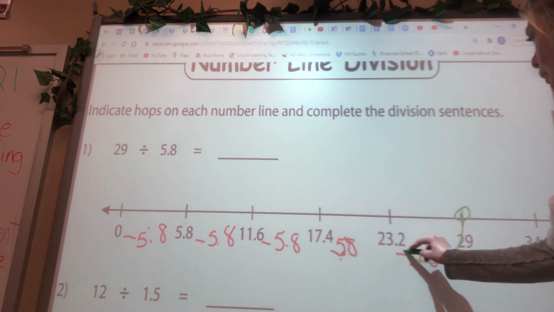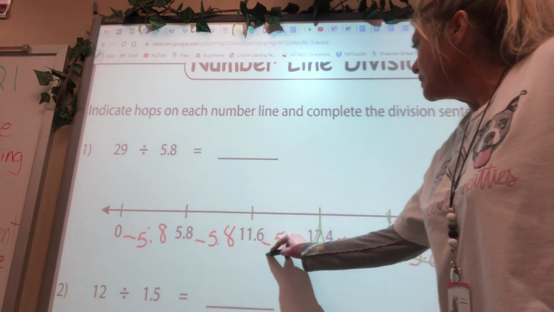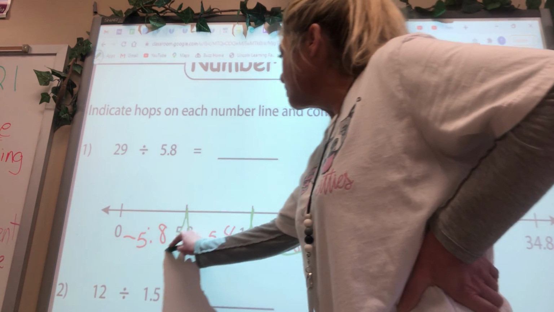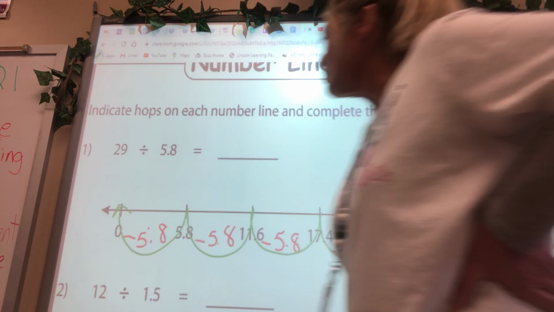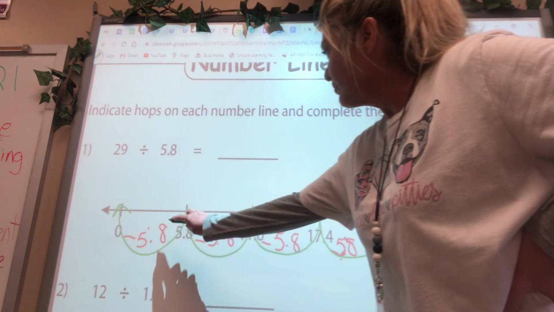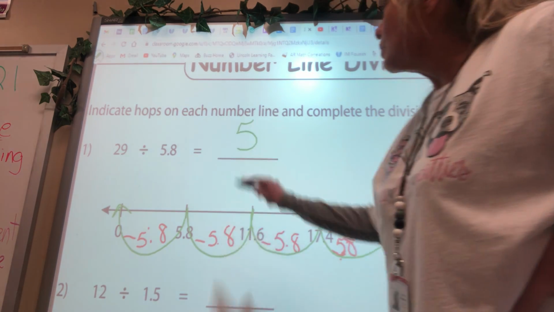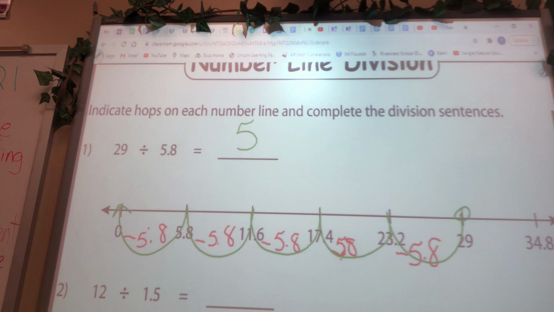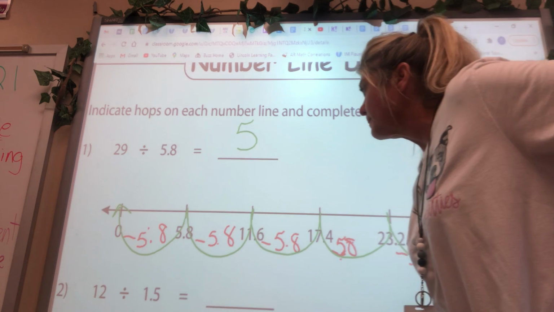So we would hop 1, 2, 3, 4, 5. We hop all the way till we get to 0 remainder. And how many hops we took, 1, 2, 3, 4, 5, is what our quotient will be. So 29 divided by 5.8 is 5.